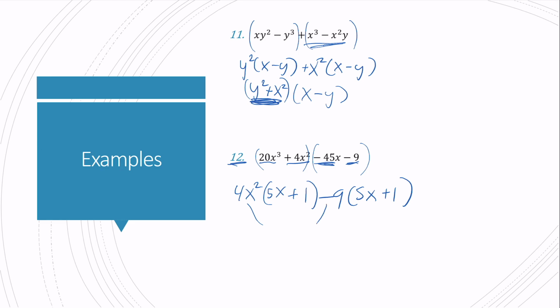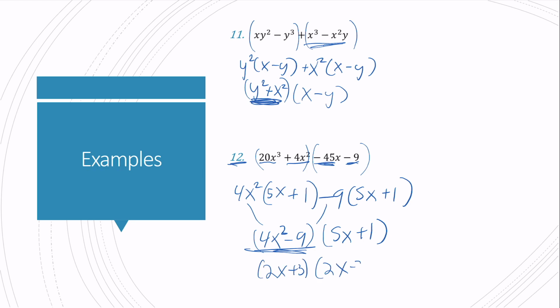I collect my greatest common factors and what they left behind. And I see that this is a difference of perfect squares. So this is going to factor to 2x plus 3, 2x minus 3, and we don't forget this 5x plus 1.